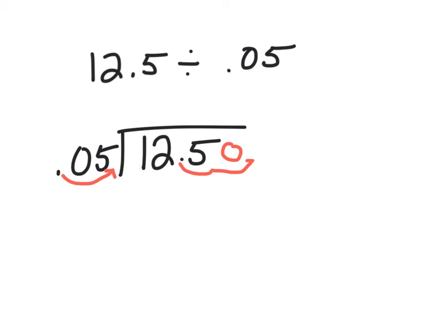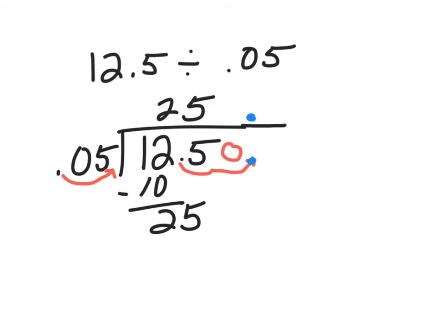So now that I've moved it 2 places, my decimal point sits here, so I want to bring that up top immediately. Now when I divide, I'm going to do 5 into 12, and subtract, and then 5, and I must put a 0 here. Okay, that is the place value, so my answer is 250.